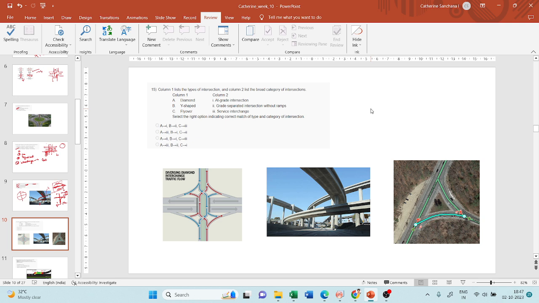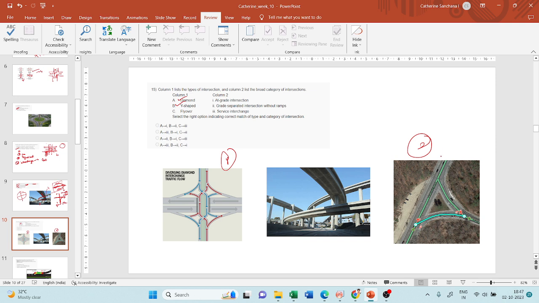Column 1 lists the types of intersection and column 2 lists the broad category of intersection. There is a diamond interchange, which is what I've shown in this figure. There is a Y-shaped interchange, which I've shown in this figure.